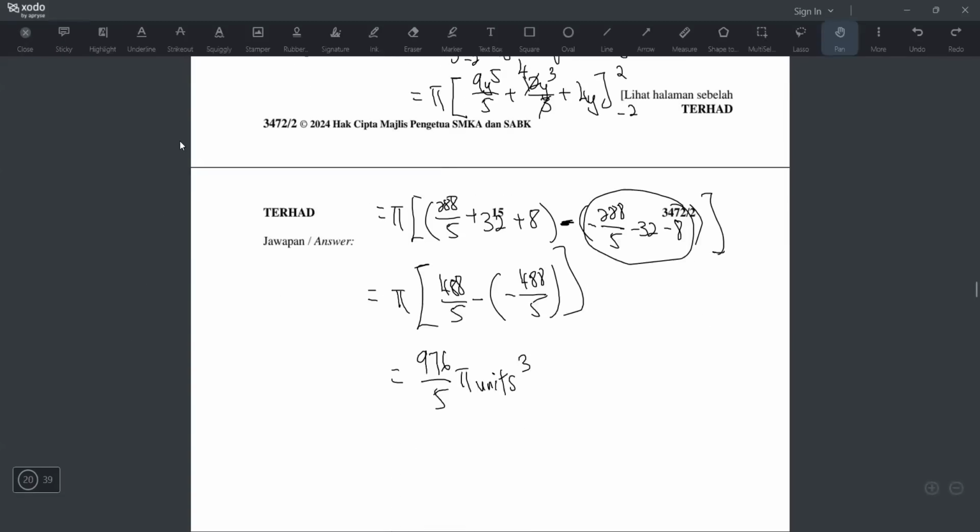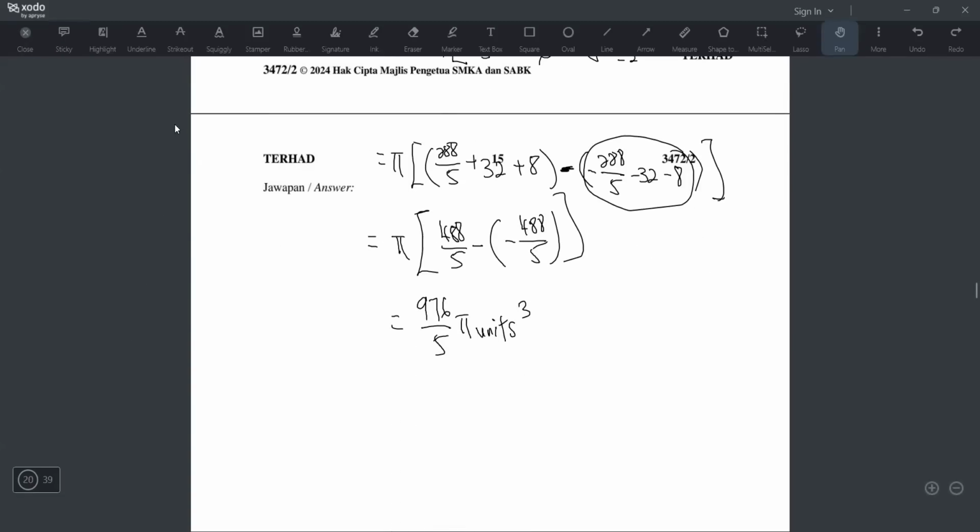I think I did everything correctly. Let me press this one more time: 288 over 5 plus 32 plus 8, 488 over 5, correct, minus negative 288 over 5 minus. Yeah, I think I did everything correctly.